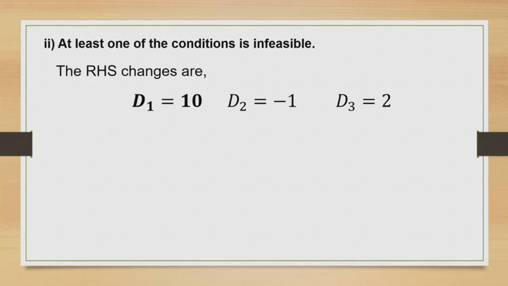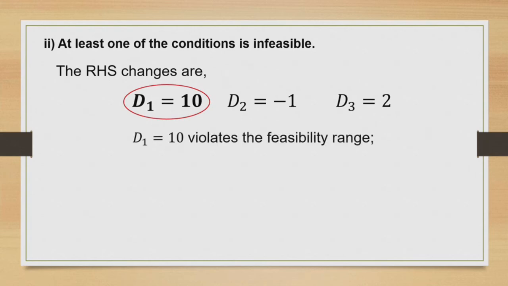Compared to the RHS changes of the first Roman, the only difference is the value of D1. For this part, D1 is equal to 10, and obviously we can see that it violates the feasibility range, which is D1 less than or equal to 2.5 and greater than or equal to -1.25.